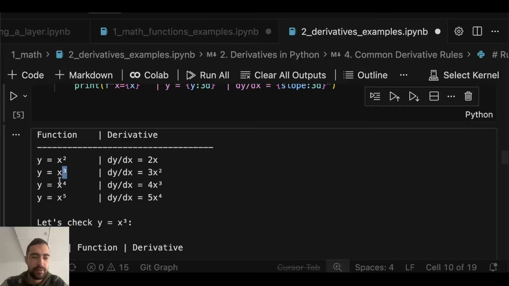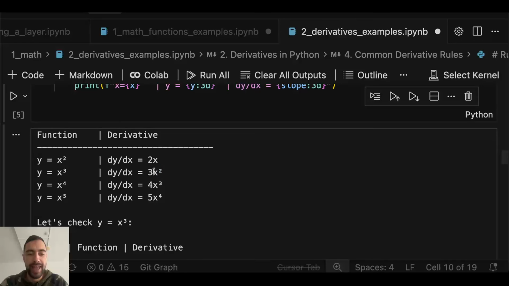Now let's see some derivation rules. If you have x to the power 3, you put this 3 in front of the x, so the derivative will be 3 times x, and you also need to subtract 1 from this exponent. So 3 minus 1 is 2, so the final derivative will be 3 times x to the power 2.